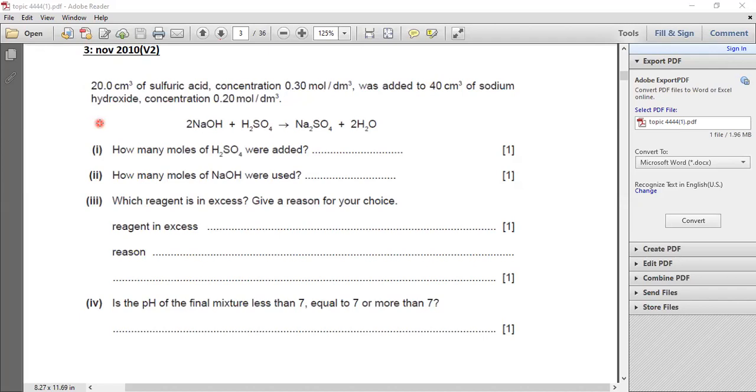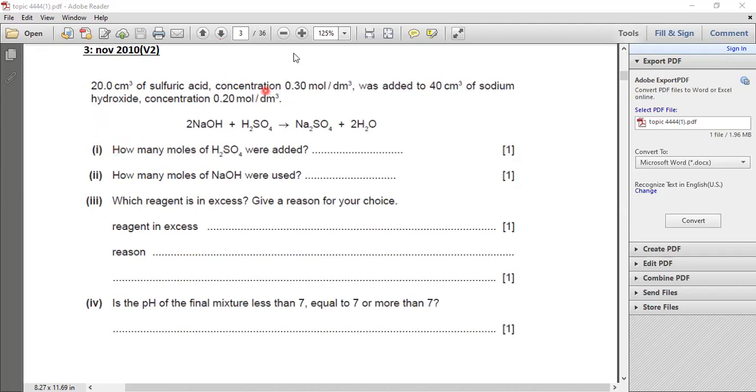Twenty cubic centimeters of sulfuric acid, concentration 0.3 moles per decimeter cube, were added to 40 cubic centimeters of sodium hydroxide, concentration 0.2 moles per decimeter cube. How many moles of H2SO4 were added? Which triangle do we use?